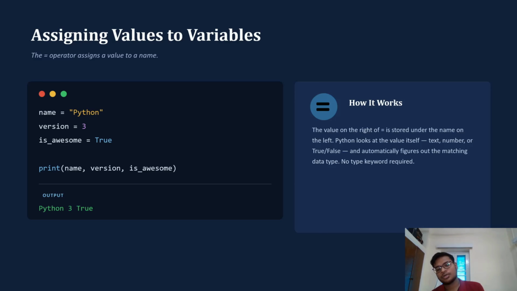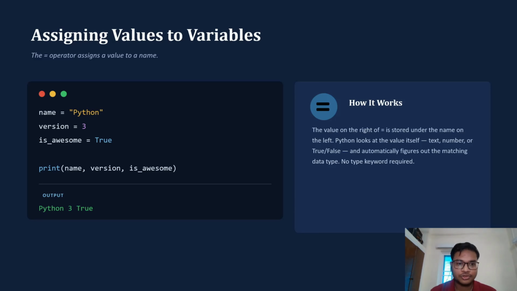Then we print name, version, is_awesome in a single line, which is also a method to write code, and the output is Python 3 True. How does it work? The value on the right of the equal to is stored under the name on the left. Python looks at the value itself, text, number, or true or false, and automatically figures out the matching data type. No type keyword is required.